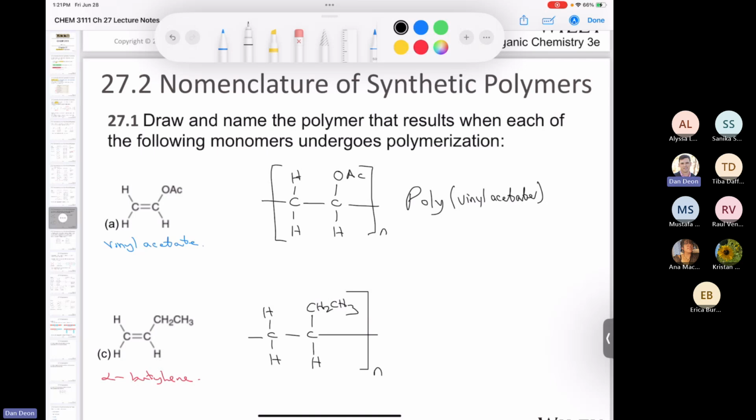Okay. All right. There we go. So this would be the polymer, the way we would draw it. Yeah. All right. So we have poly alpha-butylene, like that.